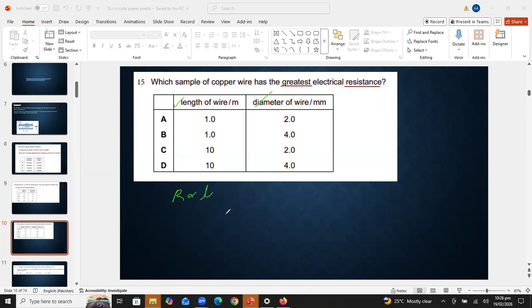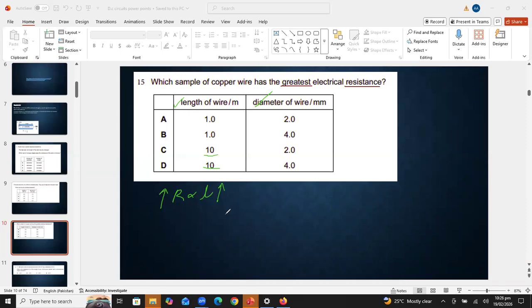We need to find the greatest resistance, so it means we need to increase the resistance. So length should also be greatest, because greatest length will provide greatest electrical resistance. So the answer can be C or D.